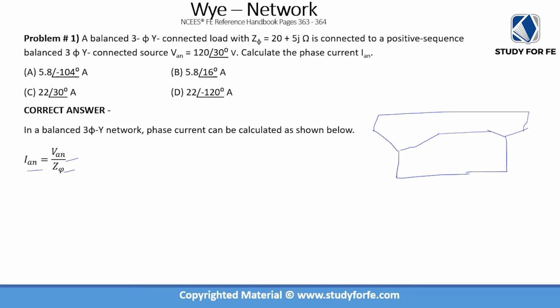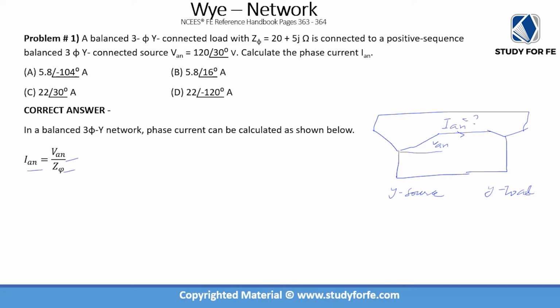This is pretty simple because you have a Y source and a Y load. In terms of the Y source, you have VAN provided, and you are being asked to calculate IAN, which is unknown.